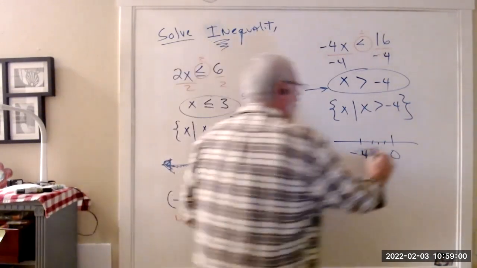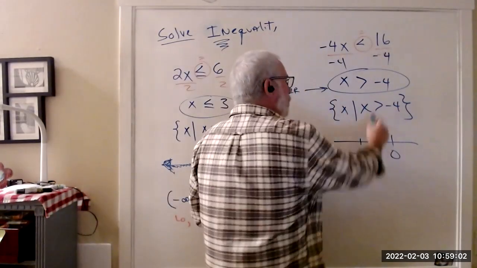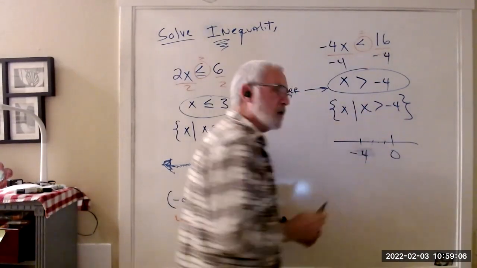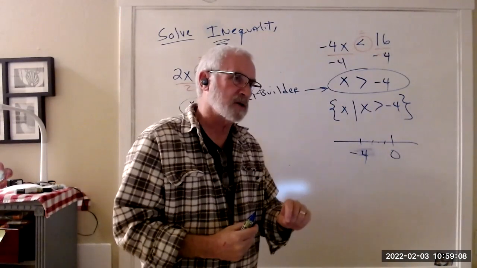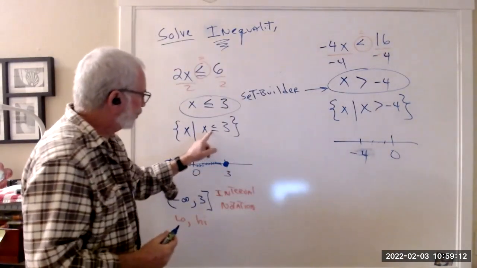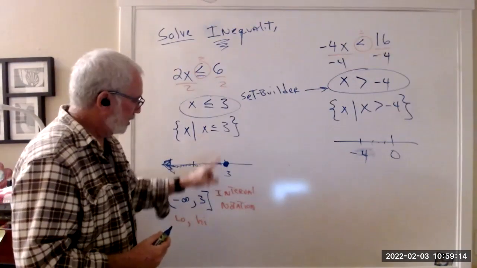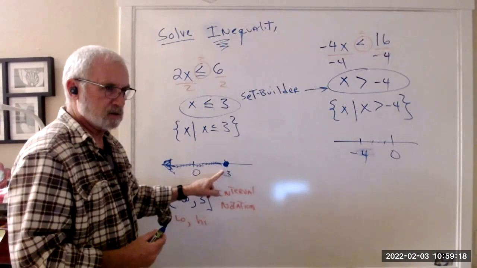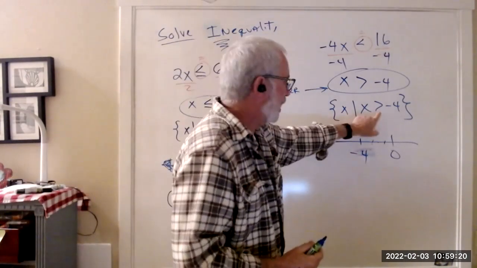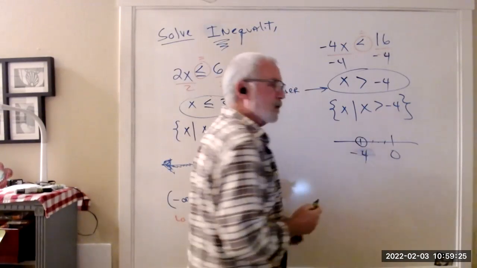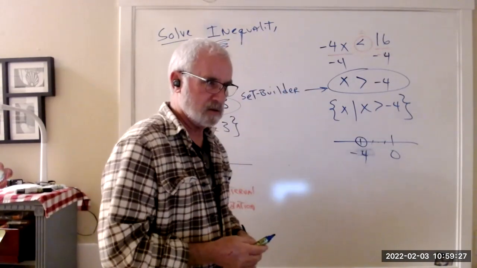Okay, so anyway, this time x is bigger than -4, but not equal to it. Very, very important. Over here, x could equal 3, so we use the solid dot. But x cannot equal -4, so to show that, we use an open dot.